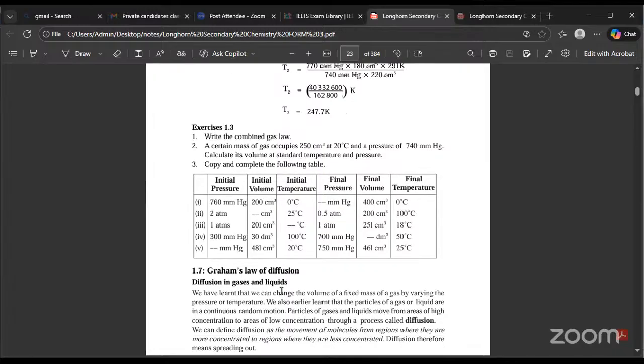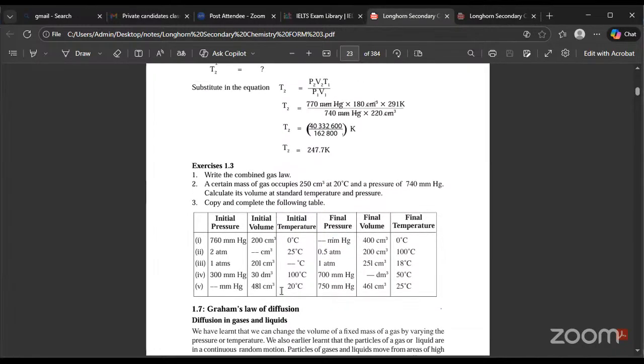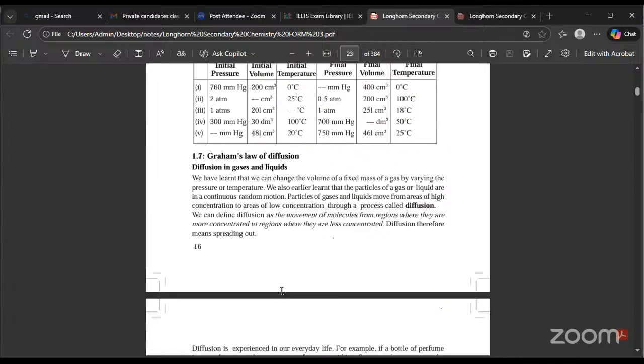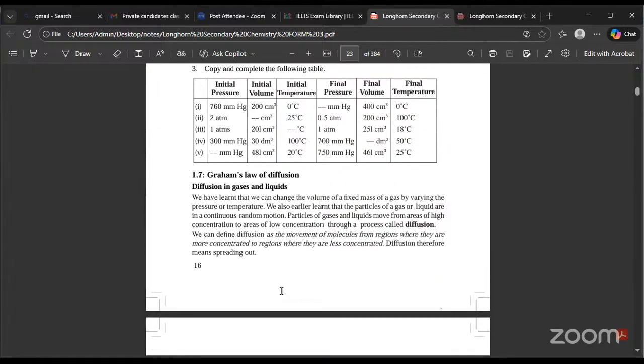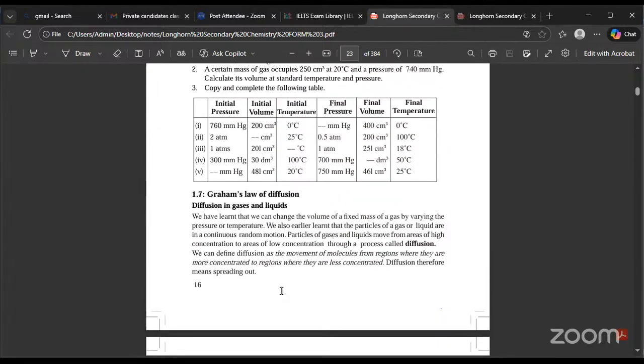We go to what they call Graham's law of diffusion. First of all, I was supposed to tell you Graham was an engineer. Before we go to Graham himself, there is something that we did in biology. So we have diffusion. Diffusion normally occurs only in fluids, which are gases and liquids.